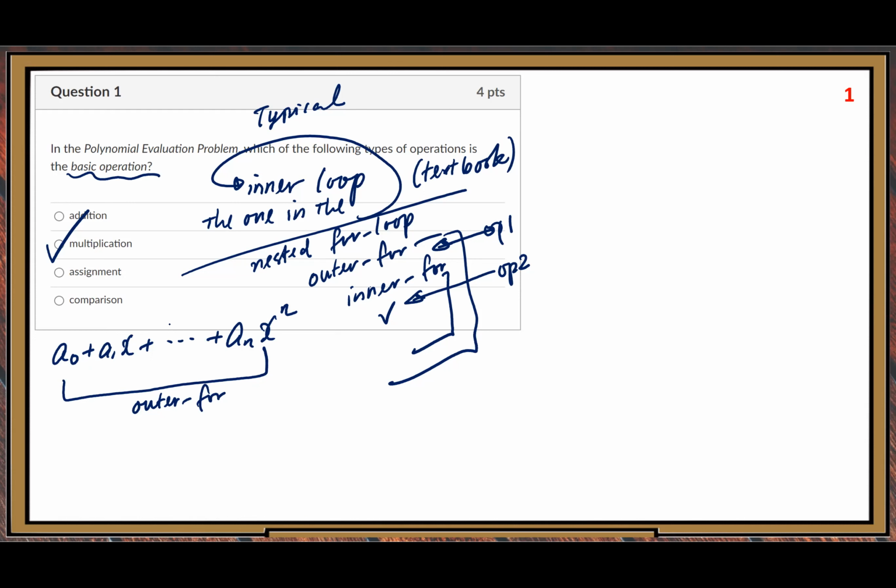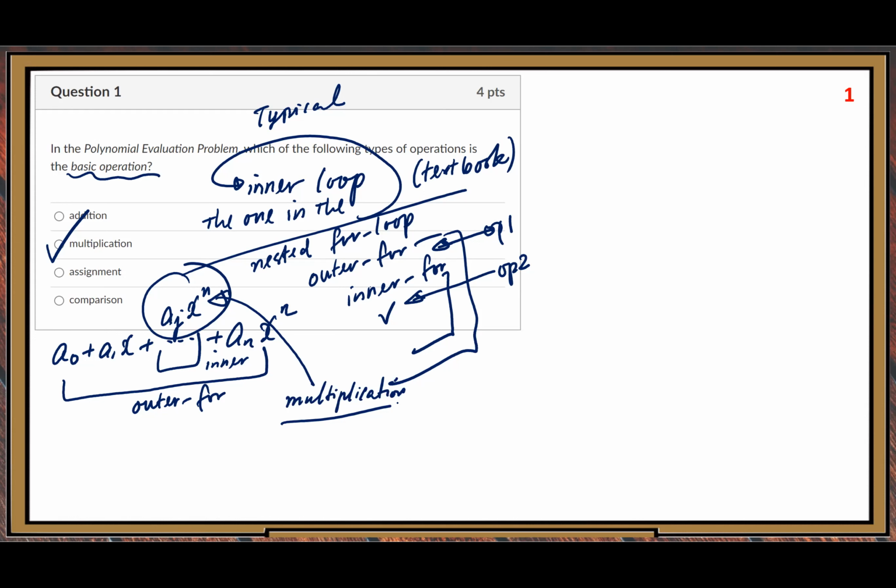Let me write a typical representative term. This is the inner for loop, and in the inner for loop you need to do multiplication. So that is the basic operation concept.